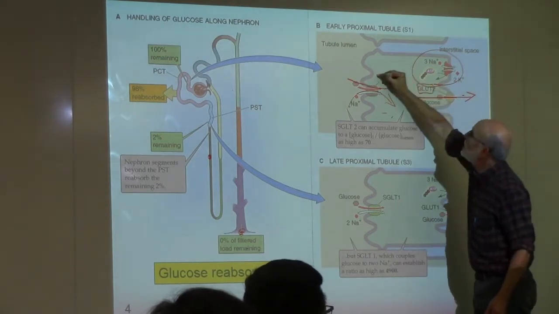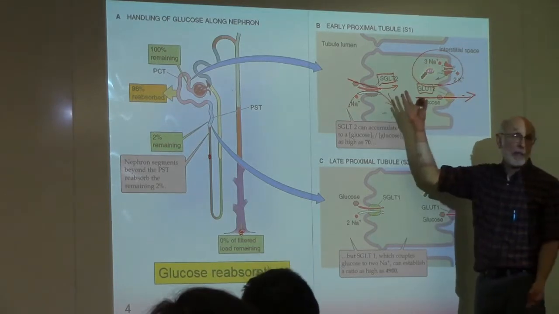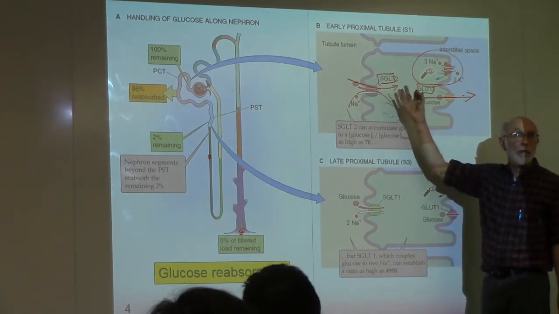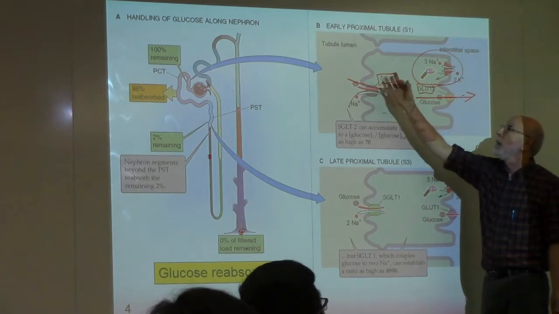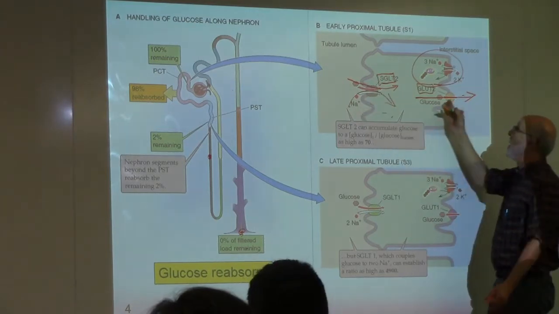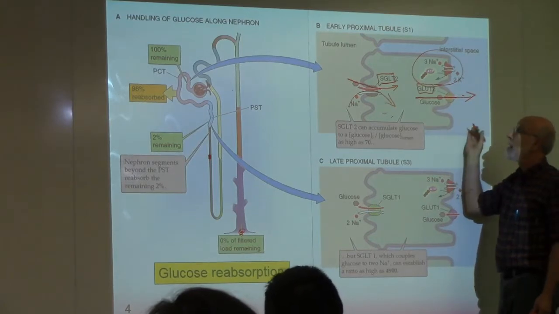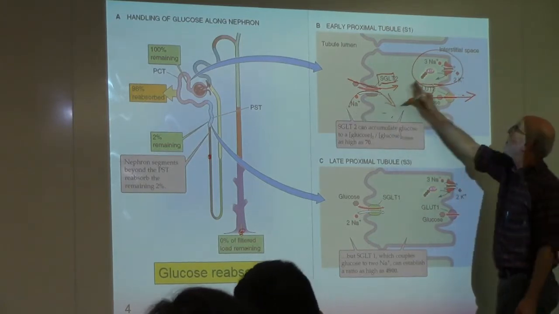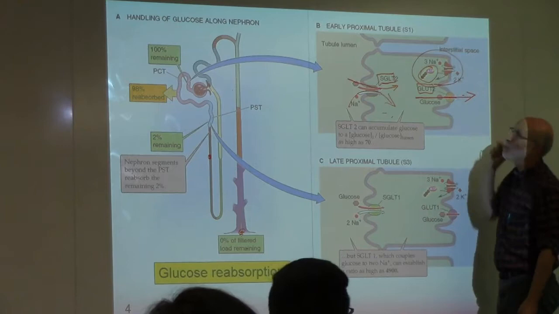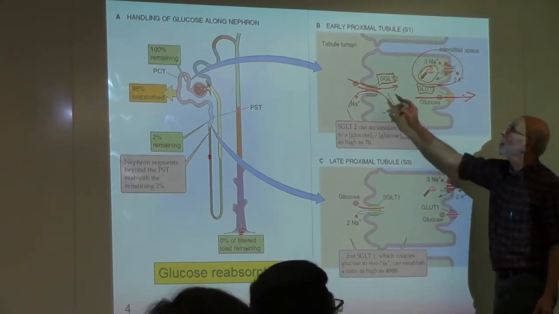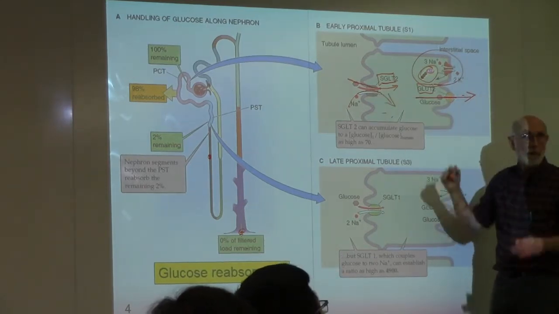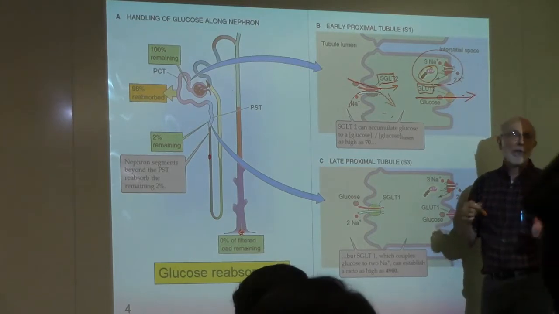The S in SGLT stands for sodium: a sodium glucose co-transporter on the apical membrane, and then a passive glucose transporter in the basolateral membrane. Sodium is being pumped because ATP is being used, and glucose is being pumped because it's using the sodium gradient.